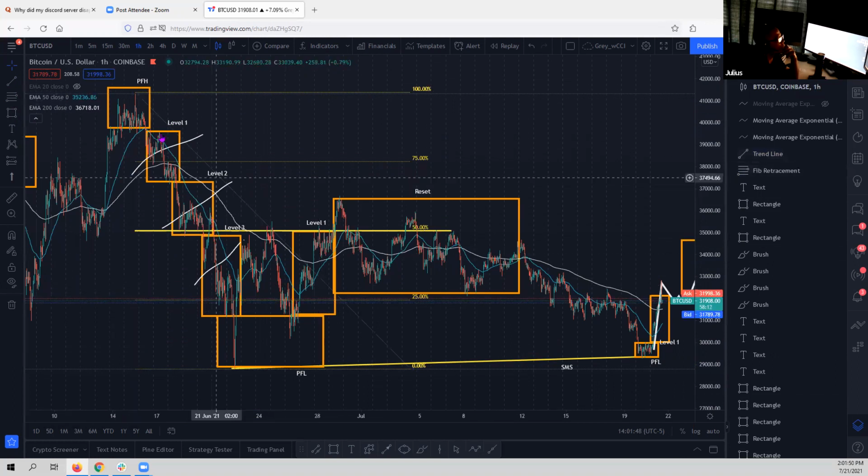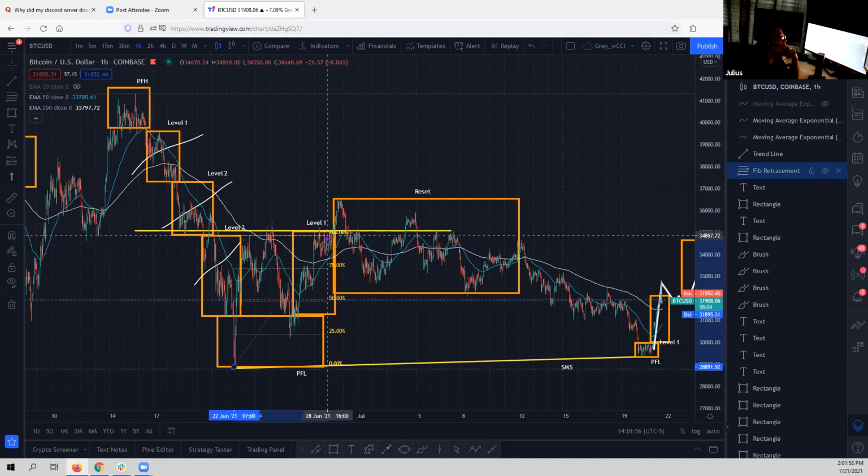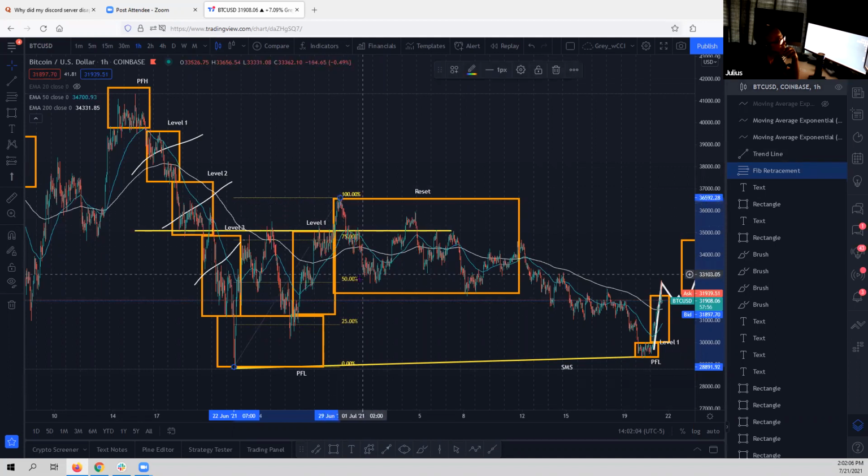And then also when price gave me this here, because this pullback would now let me know where my internal range fib would be.